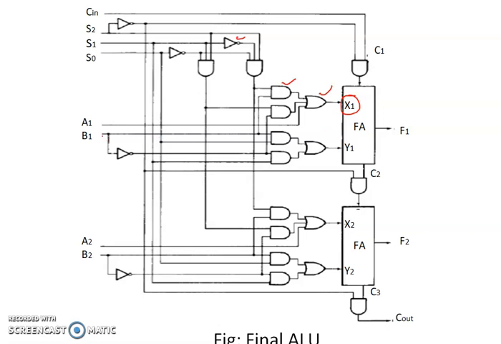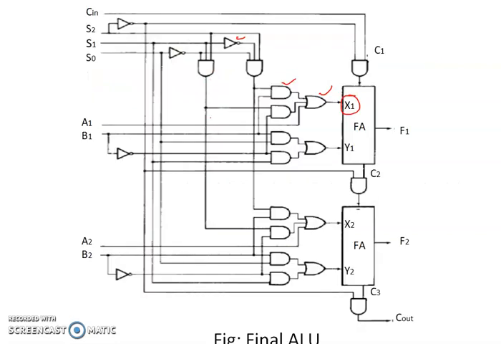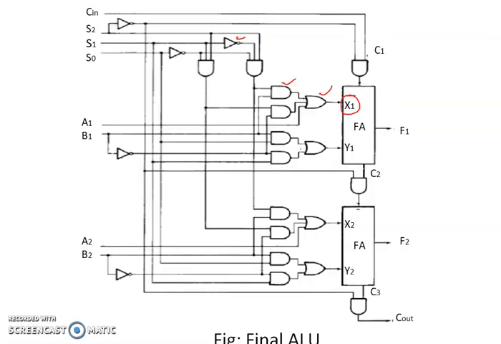That function was S0 Bi, S1 Bi complement. So here an OR gate is used because the terms are being ORed, and two AND gates are there because two terms are there. Bi will be given as an input to one AND gate, and Bi complement is given as an input to another AND gate.